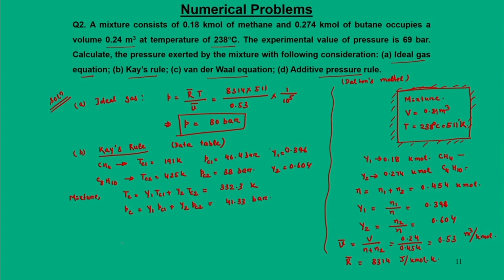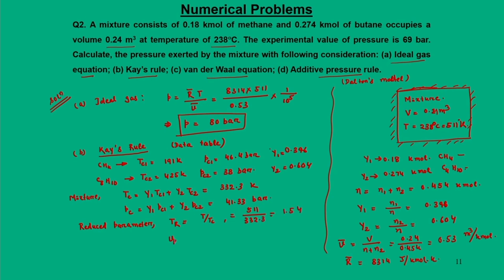So, we have PC and TC, but these will not give the pressure calculation directly. We have to find the reduced parameters. TR is nothing but T by TC. T is 511, TC is 332.3, this number is 1.54.